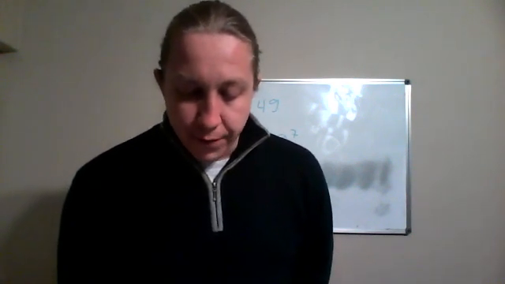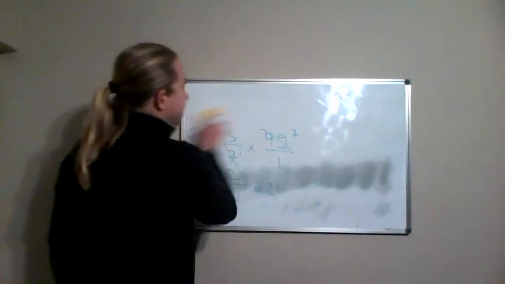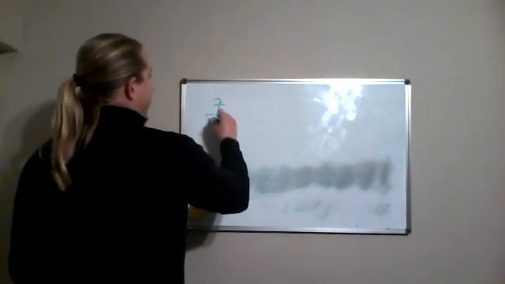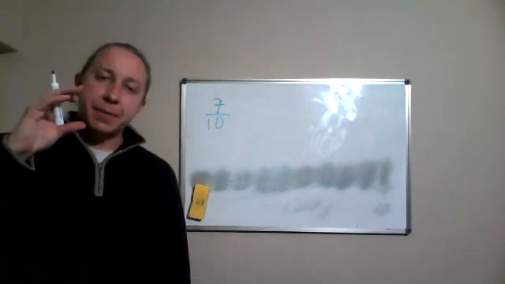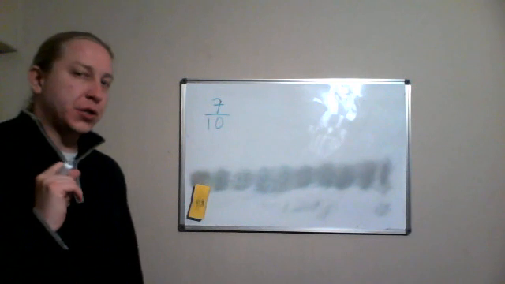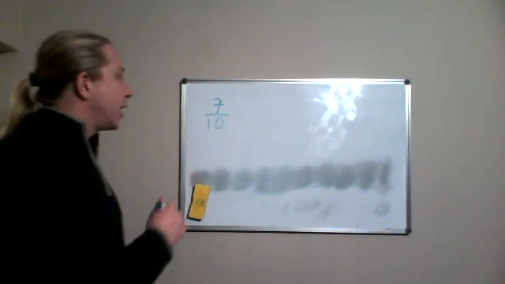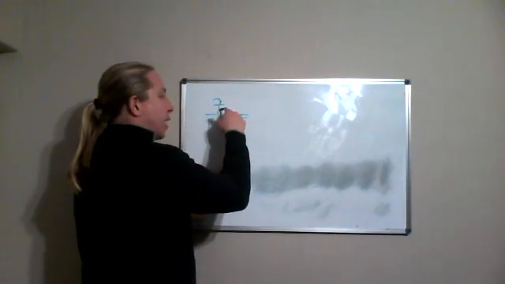Number 15, convert the following fractions into percentages. Okay, guys, I'll do A for you, 7 over 10. Percentages are easy because percent is defined as something over 100, right? So there's a few ways to do these questions. Can we turn this 10 into 100? Yes, we multiply by 10 at the bottom, multiply by 10 at the top.